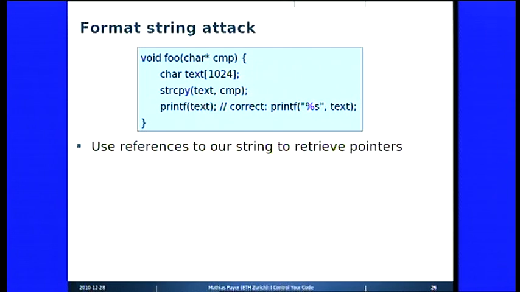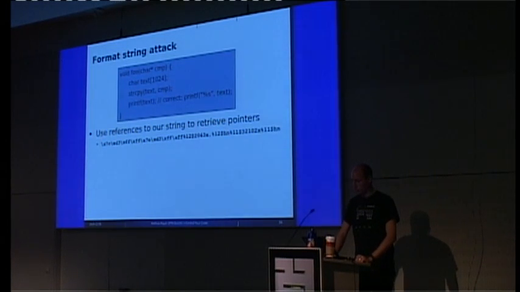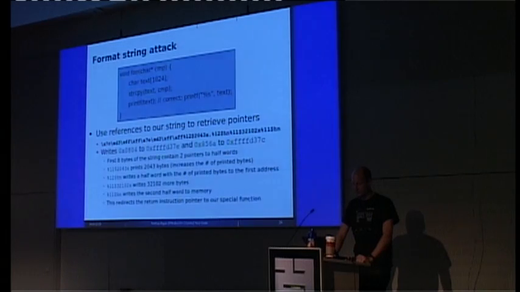So we can use references to our string to retrieve pointers, first of all, so that we can specify random writes to memory to predefined addresses that we injected into that string. So if we pass 2 addresses as a part of the string and construct the string in a nice way, we are able to use 2 half-word writes to memory to redirect control flow in a nice way.